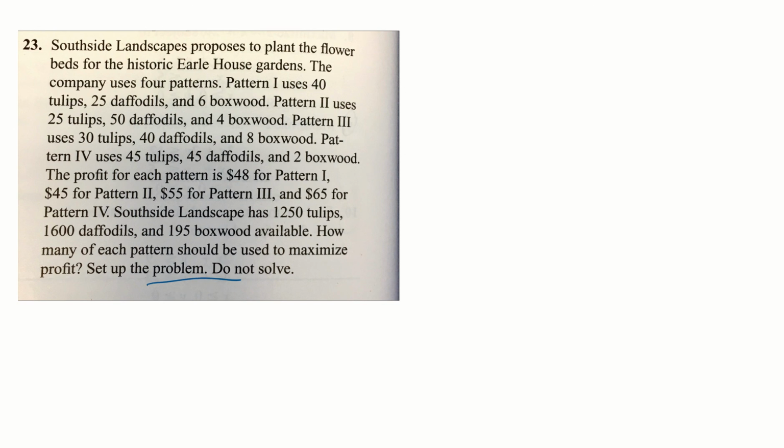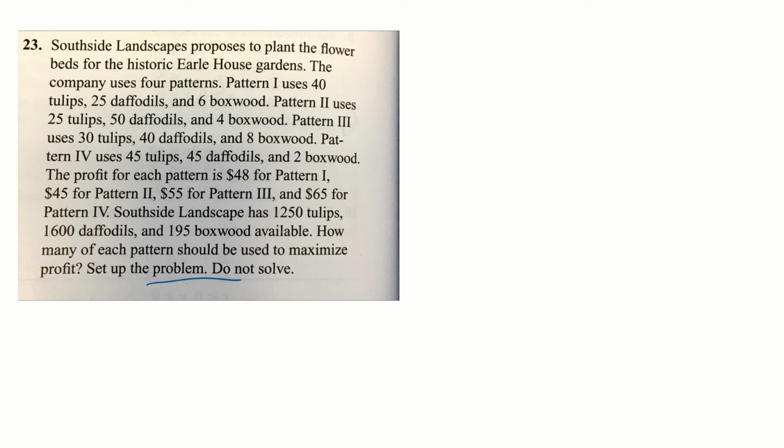Southside Landscapes proposes to plant the flower beds for the historic Earl House Gardens. The company uses 4 patterns and it tells us stuff about each. I kind of want to get to the end to see what I'm finding. How many of each pattern should be used to maximize profit?